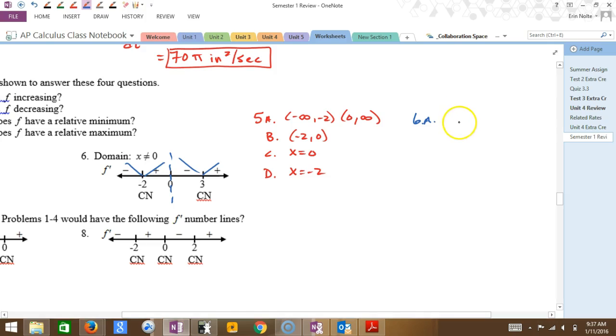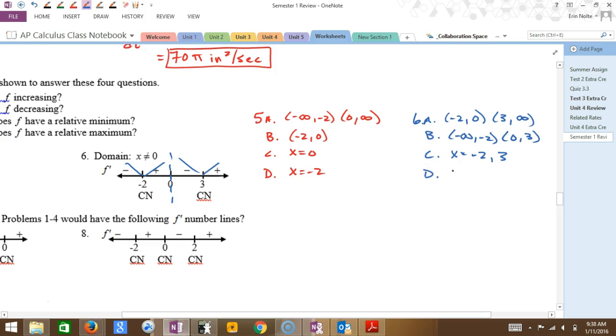So where is it increasing? -2 to 0, and 3 onward. It is decreasing in the opposite places: negative infinity to negative 2, and 0 to 3. Minimum: negative 2 and 3.